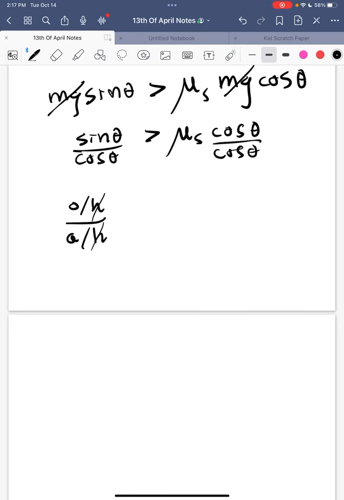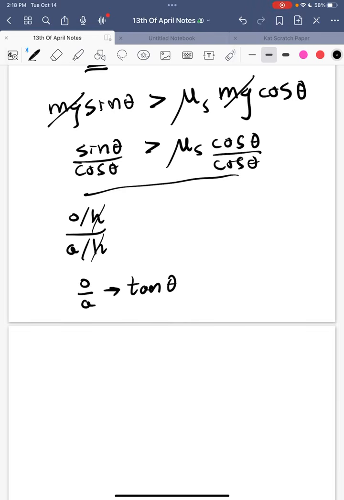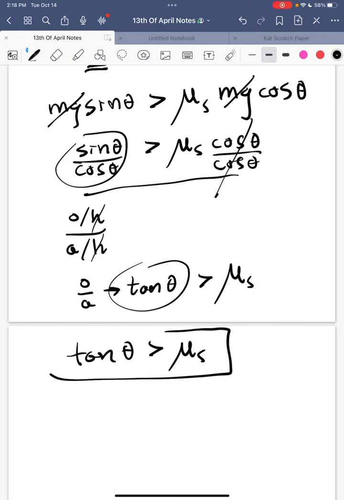And so the hypotenuses cancel and it's opposite over adjacent, which is equal to tangent of theta. So the tangent of theta, this term here, is greater than mu s, and that's canceling. Cosine divided by cosine is 1. So tangent of theta greater than mu static. This is our condition for when things will slip.